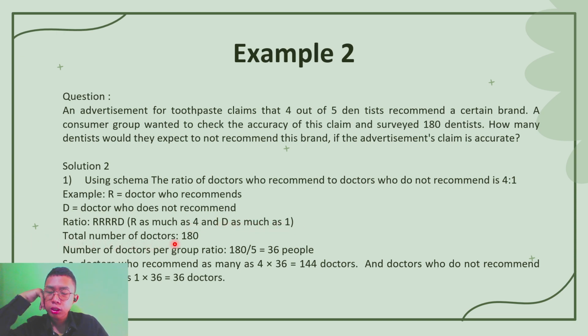The number of doctors is 180. The number of doctors per group ratio is 180 per 5, which equals 36 people. So doctors who recommended are as many as 4 times 36 is 144 doctors, and the doctors who do not recommend it are as many as 1 times 36 is 36 doctors.